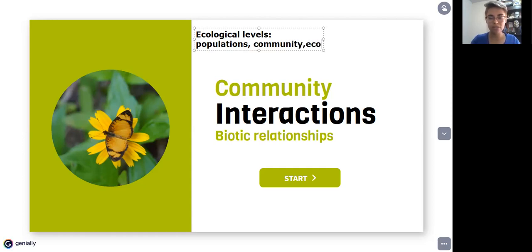Then an ecosystem, when we take into account non-living parts. And then we have the biome, and then the biosphere. That means the entire globe, the entire world. Very good. So we're going to talk about relationships between populations, communities, and the ecosystem.